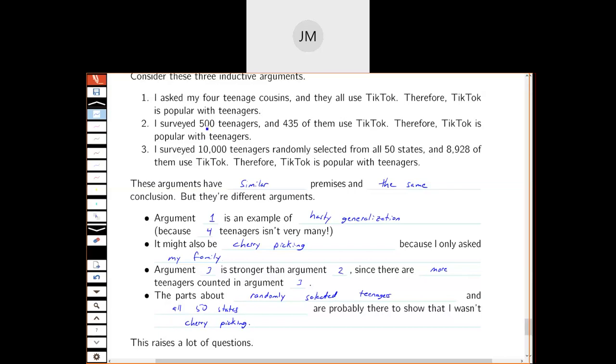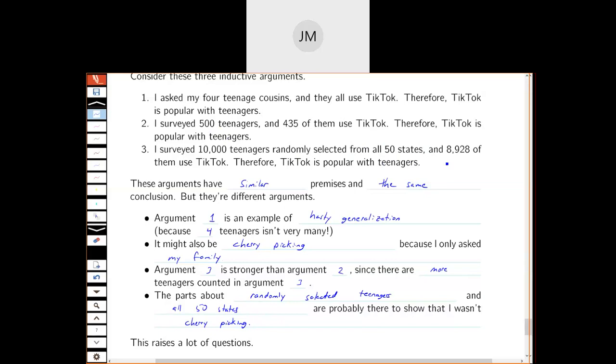Okay, so even if I survey 500 teenagers, again, if I pick all 500 teenagers, for example, from the same high school, okay, maybe that's a trend or a fad in that high school, but it's not a nationwide trend. Okay, so again, that wouldn't be a good way to draw a conclusion about all teenagers from just that one school. Okay, but if I'm picking from geographically all over the place, and I'm randomly picking out of those states, then it seems that I've safeguarded myself against cherry picking, whether it was intentional or accidental.